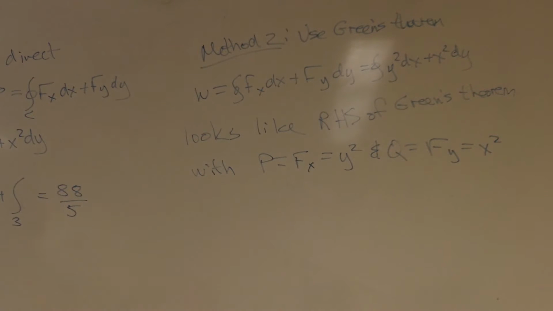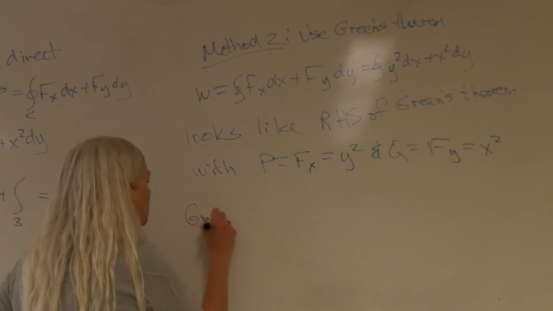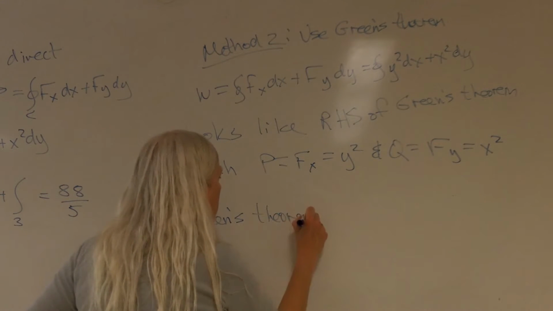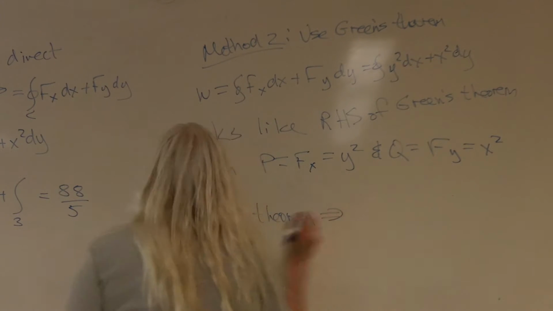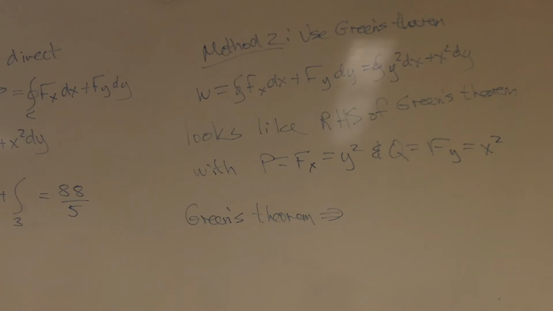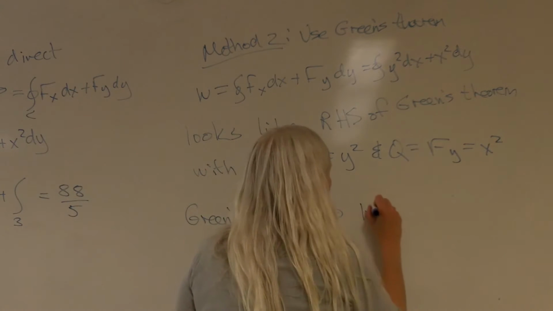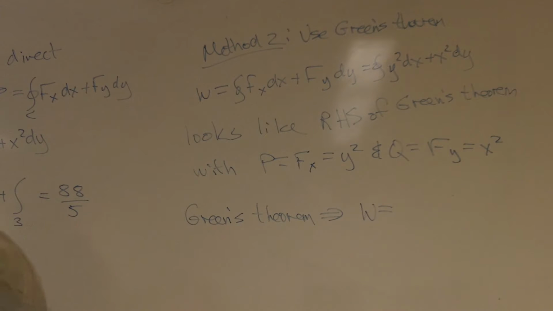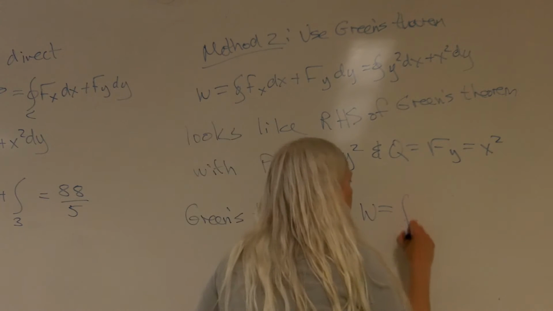Okay, so by Green's theorem then, Green's theorem tells us that this line integral and this area integral are equal. So the work, instead of being written as this line integral, could therefore be written as the area integral instead.